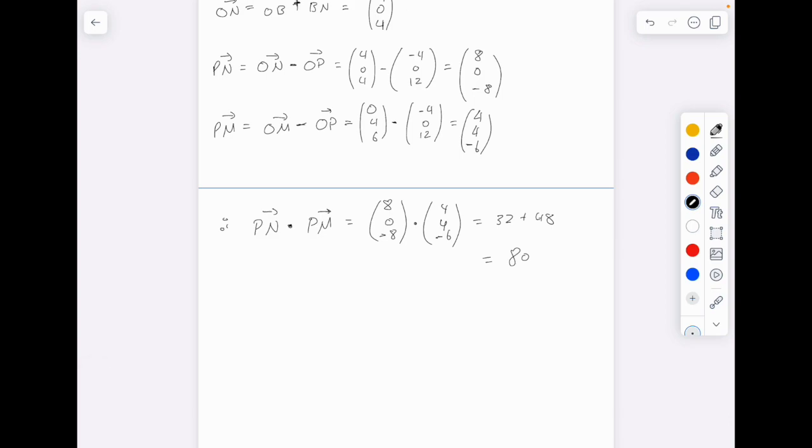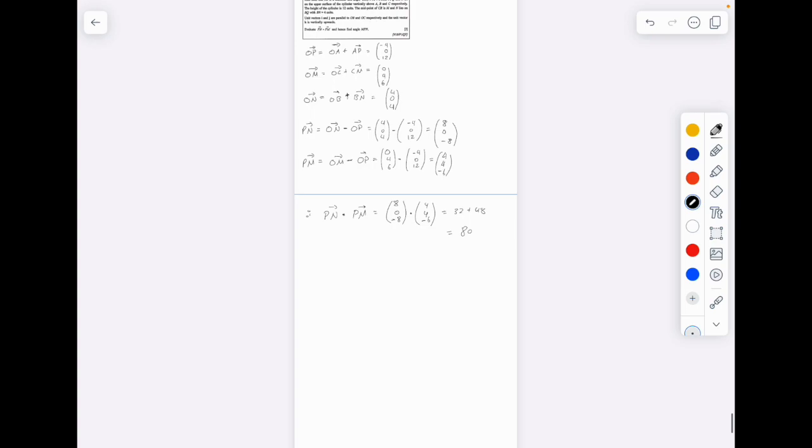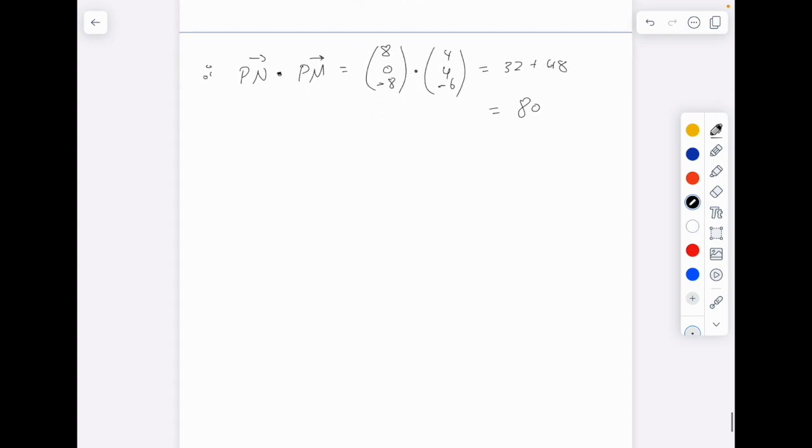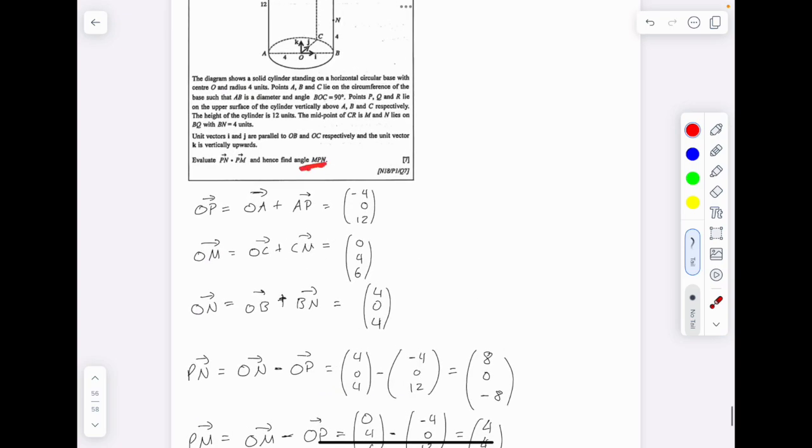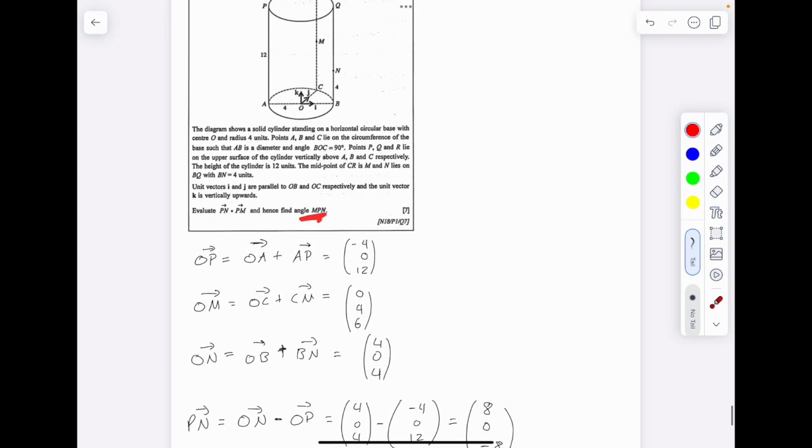So, that's not it, because remember, we have to apply the scalar product as well. So we're going to say, fine, well, PN dot PM equals PN times PM times cosine of MPN.